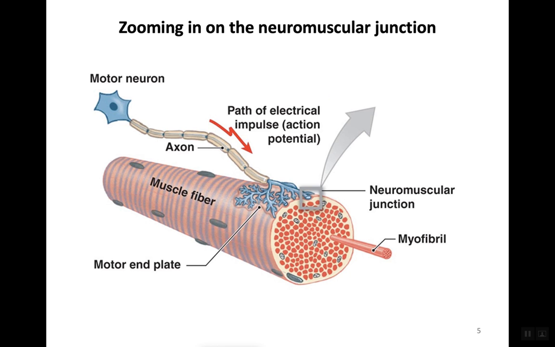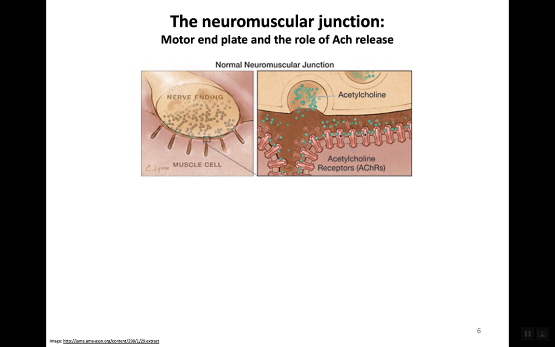And by motor end plate, I mean a folded postsynaptic membrane of the muscle fiber packed with neurotransmitter receptors. And the neurotransmitter in question is acetylcholine. This is what facilitates muscle contraction. It is released into the chemical synapse, which is the neuromuscular junction, and it binds to these receptors residing on top of the muscle end plate.